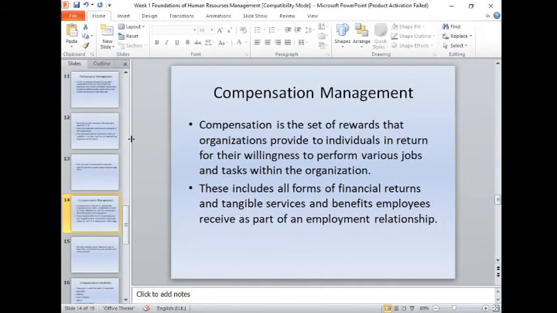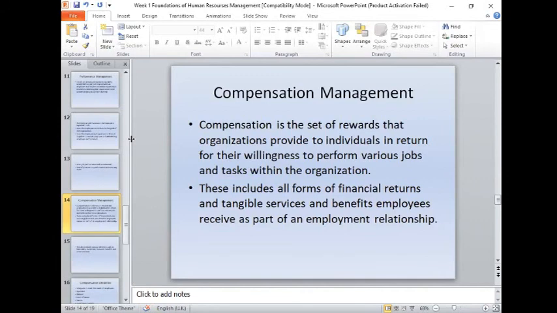Okay, so compensation management is about assigning a basic salary and wages to a particular position, and it must also conform to a legal basis like the minimum wage law in the labor code. Compensation is about rewards or payment to those people who render services, for those who perform the job.